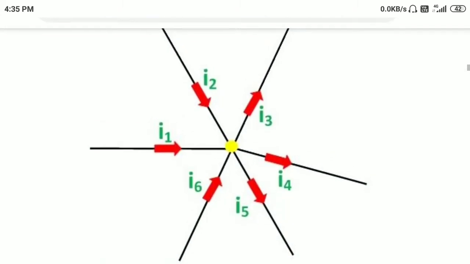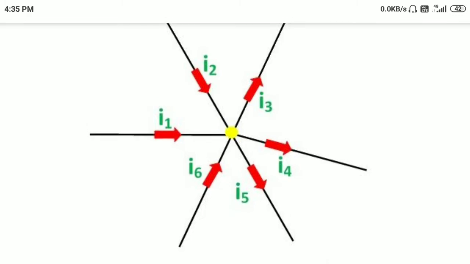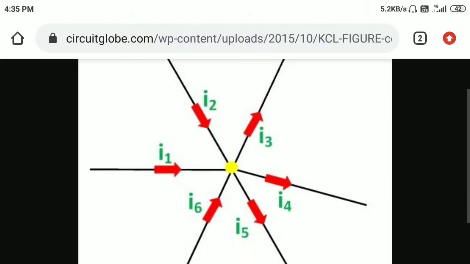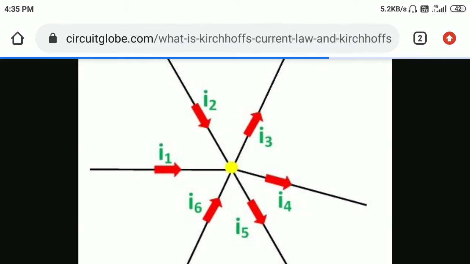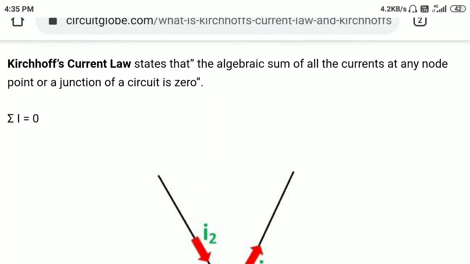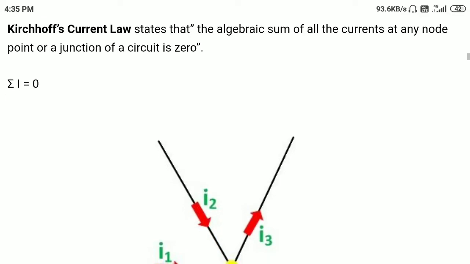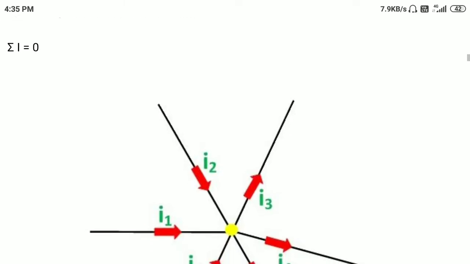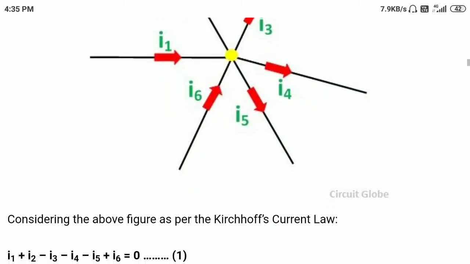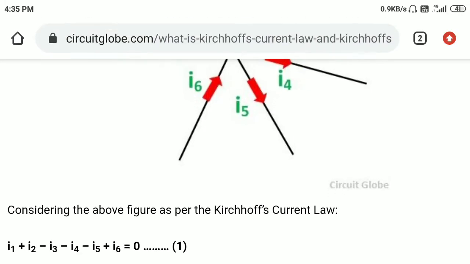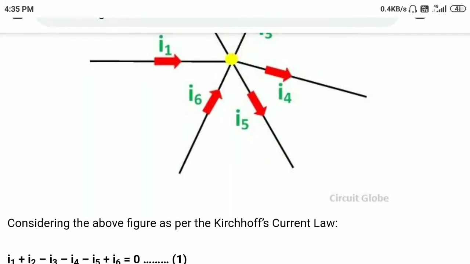So here, they are seeing the summation of current 0 at any node, point or junction of a circuit. How can we write it here? Consider the above figure for the Kirchhoff current law. I1 is entering, so it is positive.